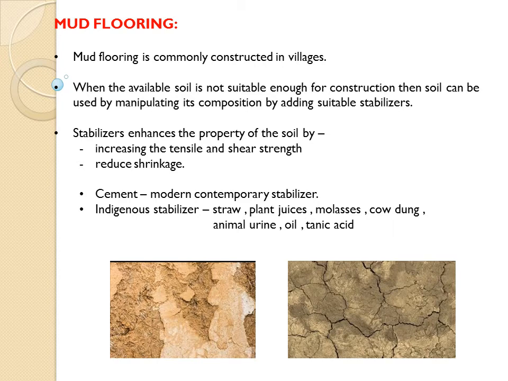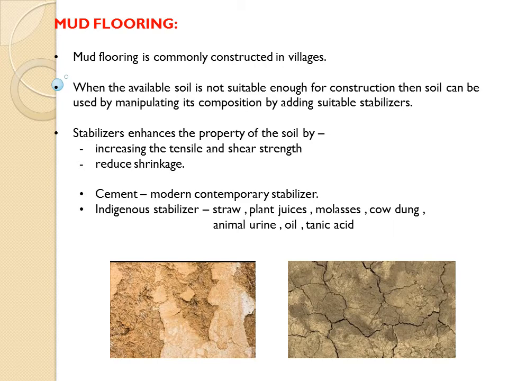It was straw, then plant juices, molasses, cow dung, animal urine, oil, and tannic acid. So these were the basic stabilizers added along with the soil. Why? Just to increase the strength of the soil, as the flooring will be the base. Next, to reduce the cracking properties.